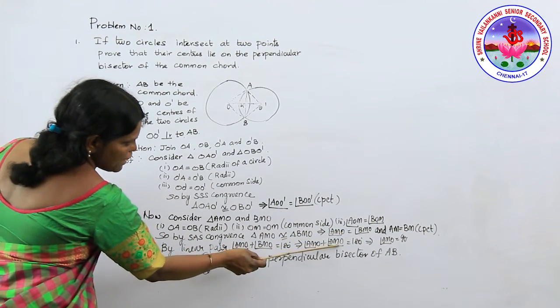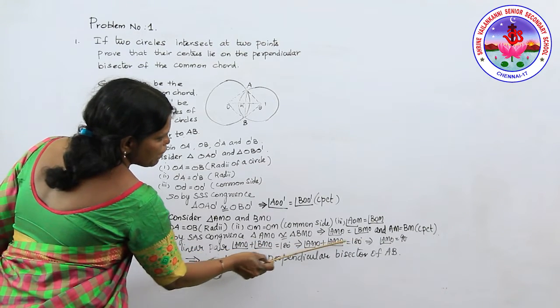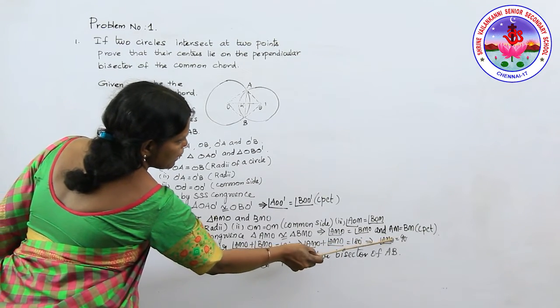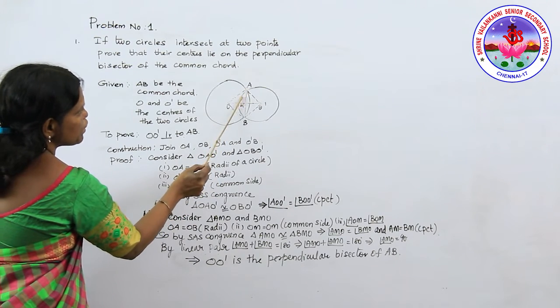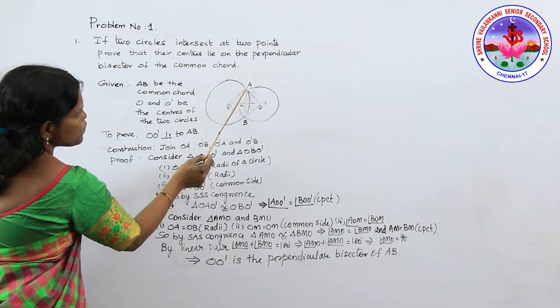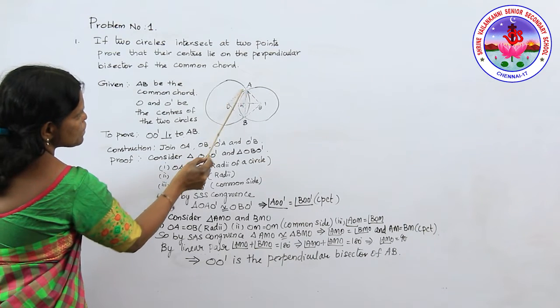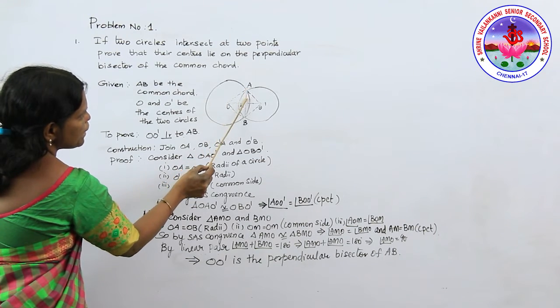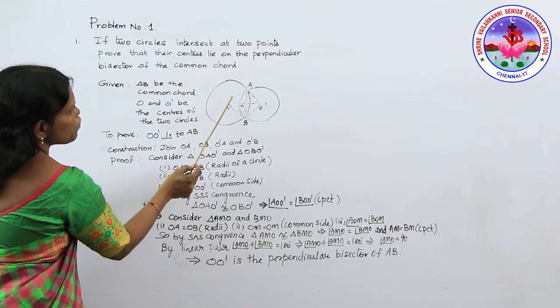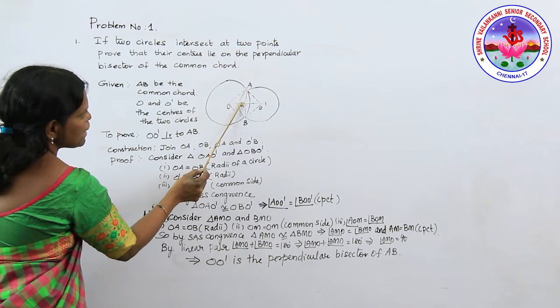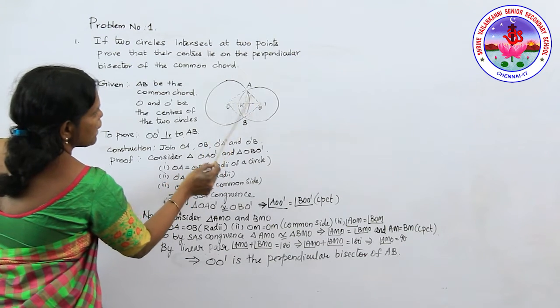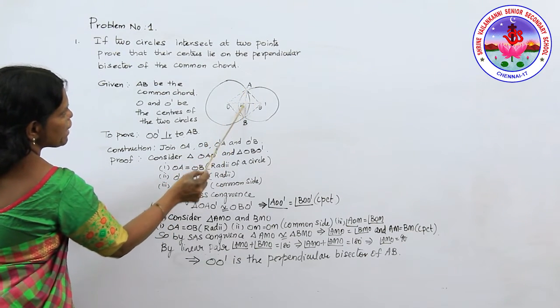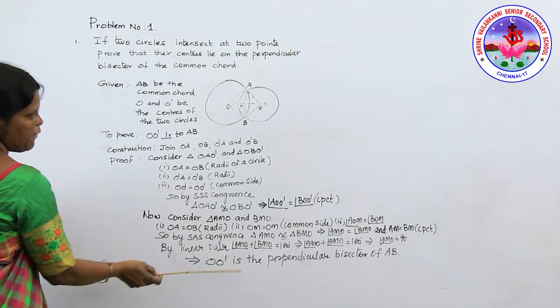So replacing here, I get 2 times AMO is equal to 180, so AMO is equal to 90. So I proved here AMO is equal to 90 degrees. Also, since these two triangles are congruent, we know that AM is equal to BM. So we proved that this angle is 90 and AM is equal to BM, so my line OO dash is the perpendicular bisector of AB.